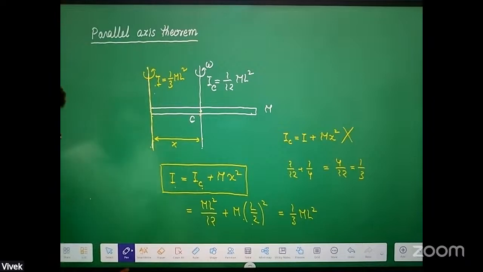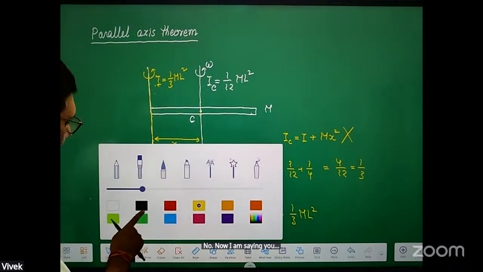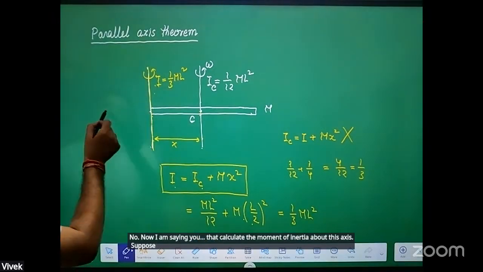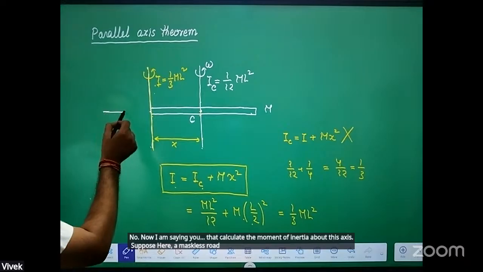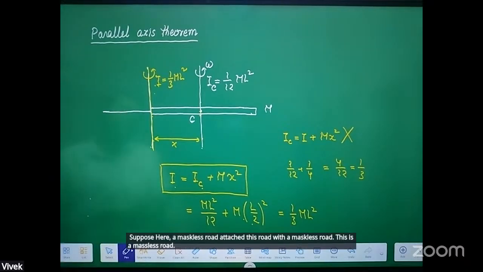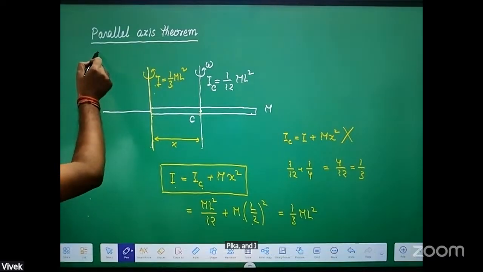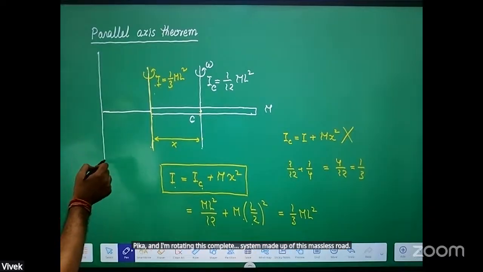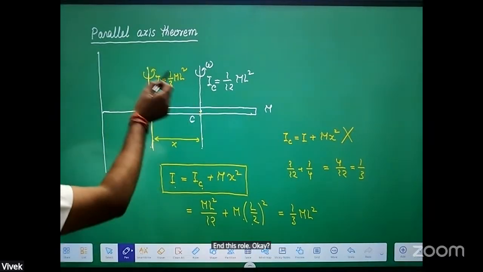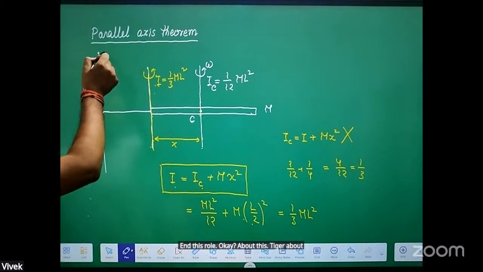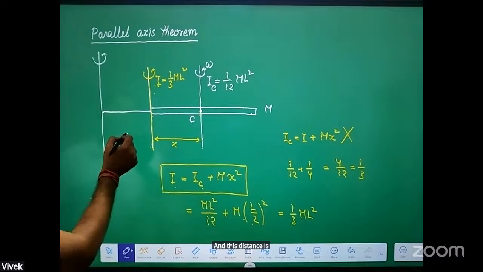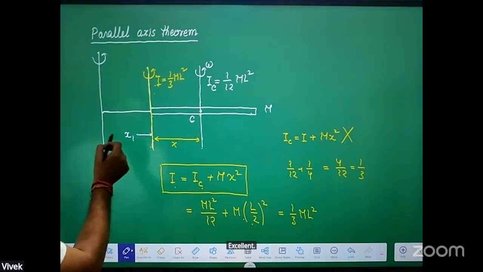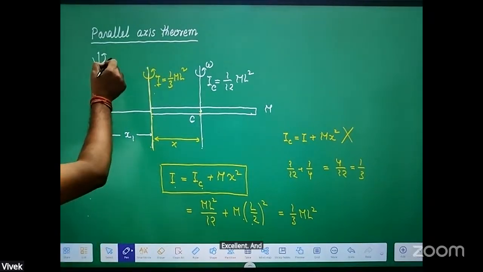Now I am saying that calculate the moment of inertia about this axis. Suppose here a massless rod, I attach this rod with a massless rod. And I'm rotating this complete system made up of this massless rod and this rod about this axis. And this distance, suppose I call it x1, and here moment of inertia is I2.